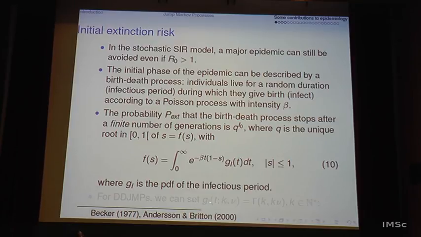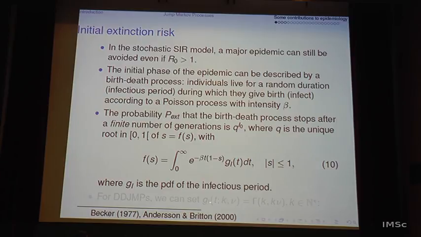So when the process stops in a finite number of generations, this probability is equal to Q to the power I0. Q is something that we want to determine, and I0 is the initial number of infectious people. Here I have only one person at the beginning, so it's 1, for instance.